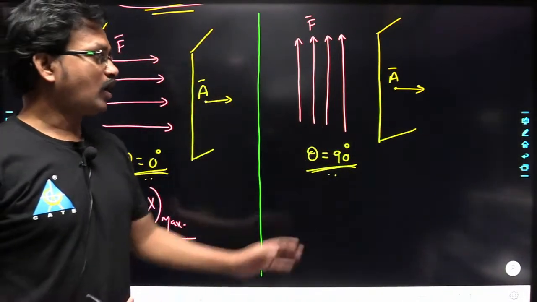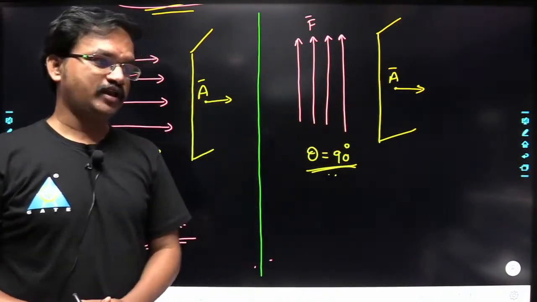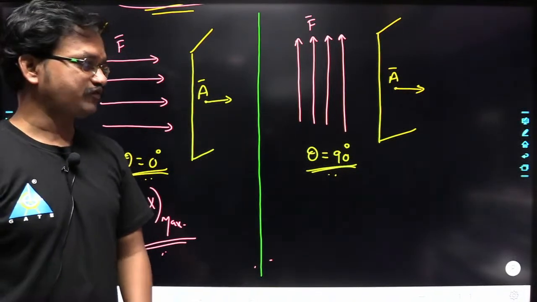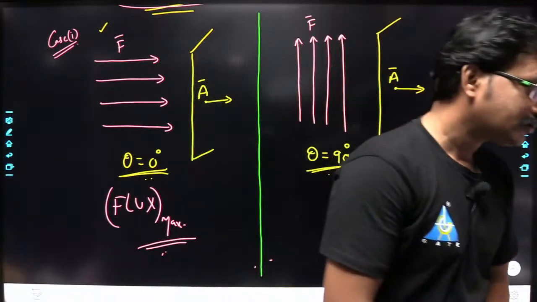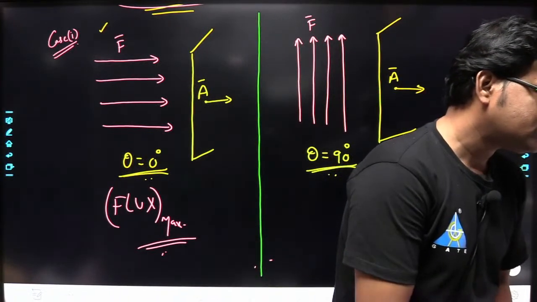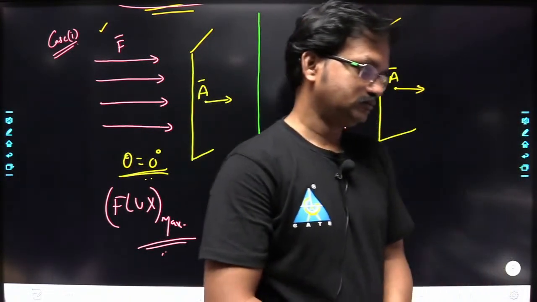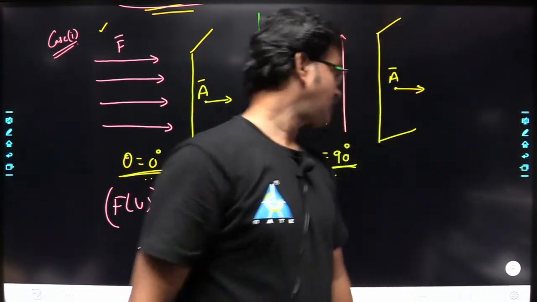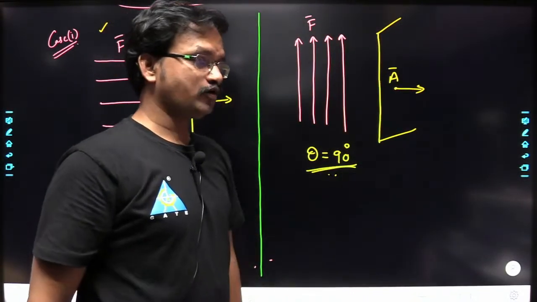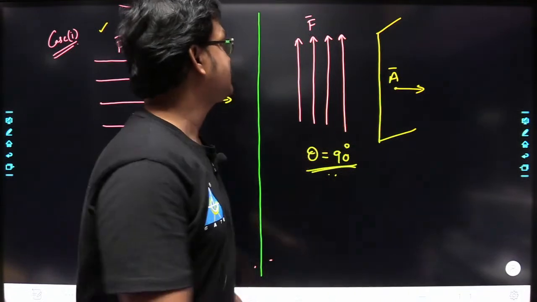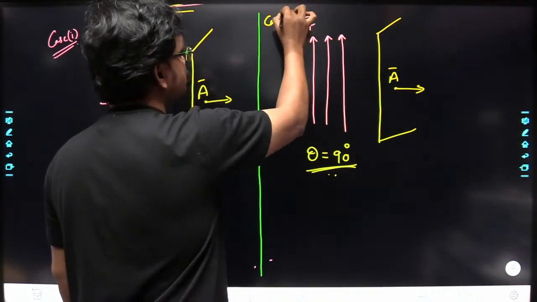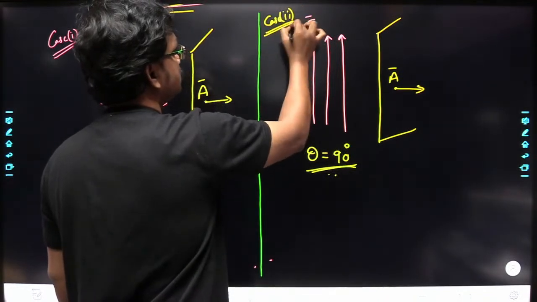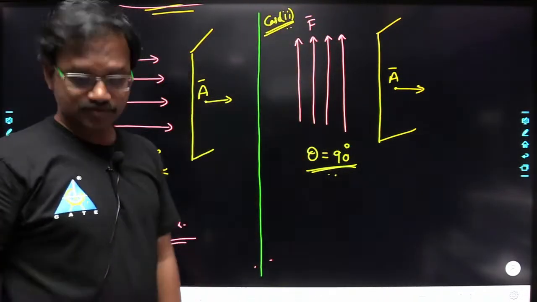Now tell me, what is the flux through this surface area a bar in this case? Let us say this is case 2.